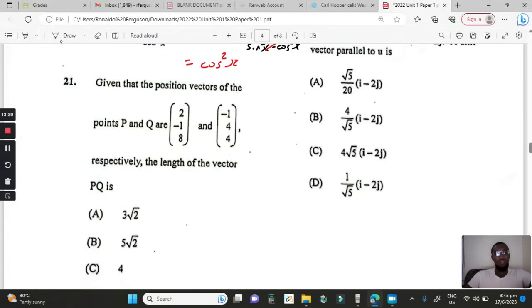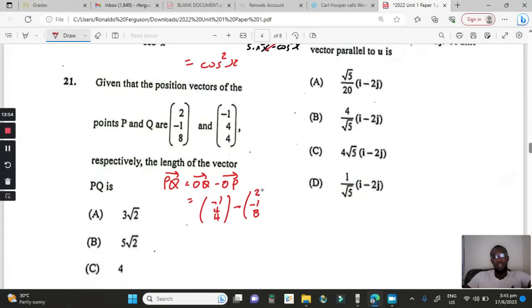This part, I want vector PQ. So vector PQ is equal to OQ minus OP. So we subtract: minus 1, 4, 4 minus minus 2, minus 1, 8. That's giving us minus 1 minus 2 is minus 3, 4 minus 1 is 5, and then this is negative 4.